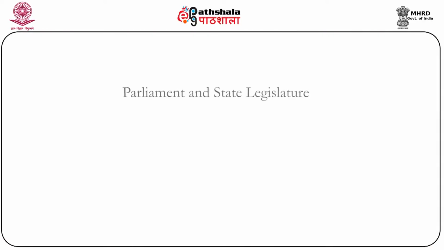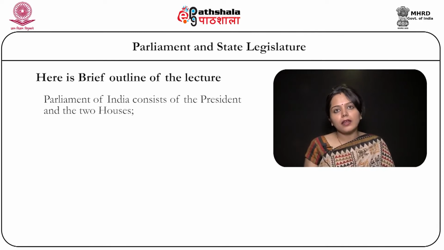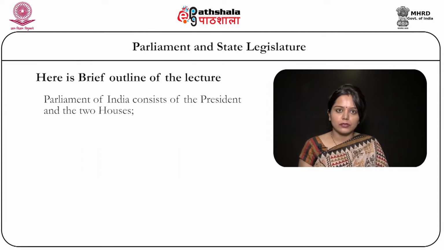I welcome you to today's lecture on Chapter 26, Parliament and State Legislature. Here, firstly, I'll give you a brief outline of my lecture. In this lecture, I will recall that the Parliament of India consists of the President and the two houses.